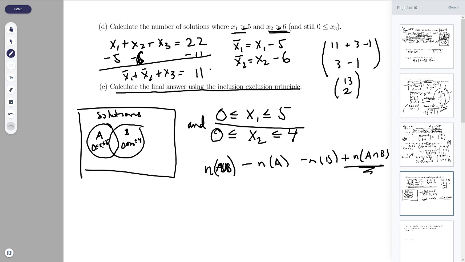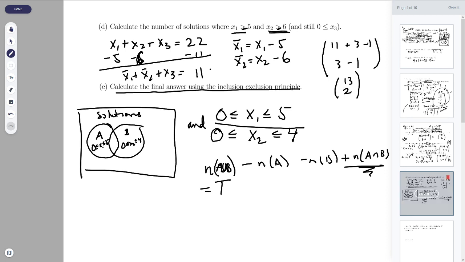Now, of course, this is what we want here. This is equal to the total number of solutions.